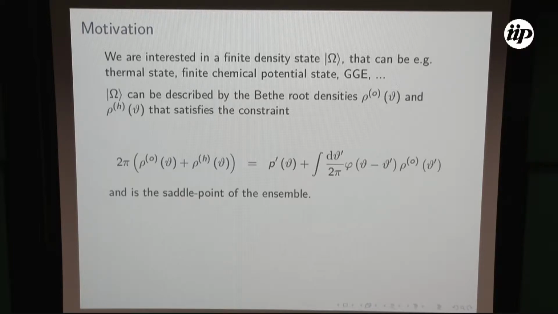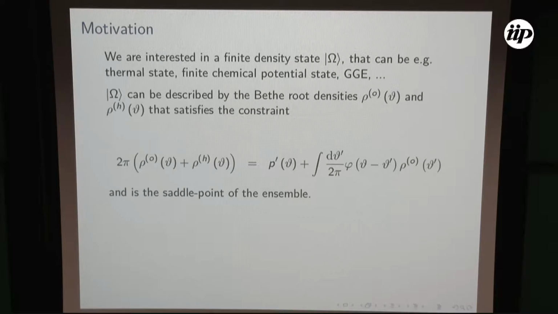We also have the density of holes. And we have this constraint that the total density is related to the derivative of the momentum of the particles, and phi comes from the interaction. That's the derivative of the phase shift of the scattering matrix. This constraint comes from the Bethe-Yang equations.